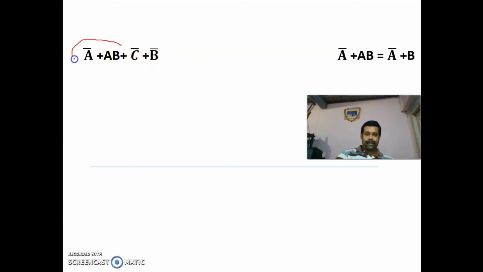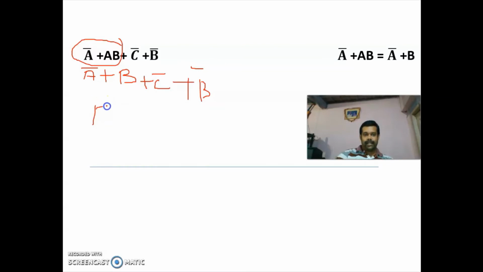So what is A bar plus AB? A bar plus AB is nothing but A bar plus B, plus C bar plus B bar. Now, what is B plus B bar? B plus B bar is 1.